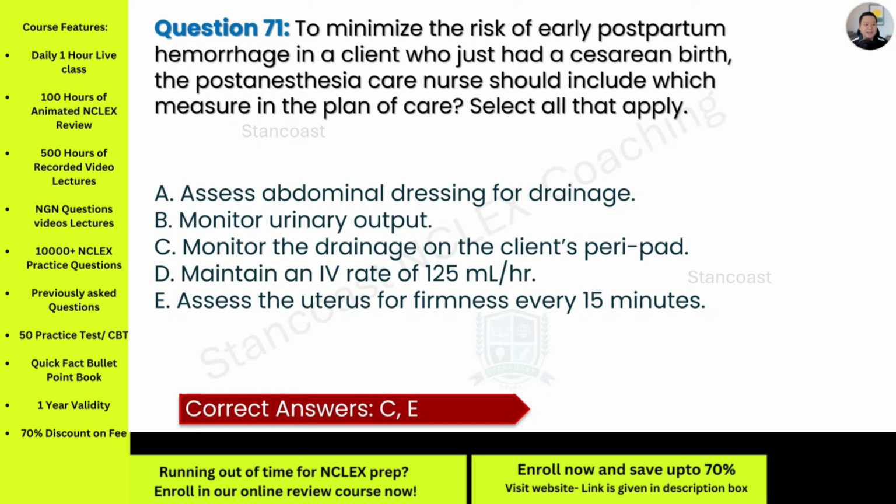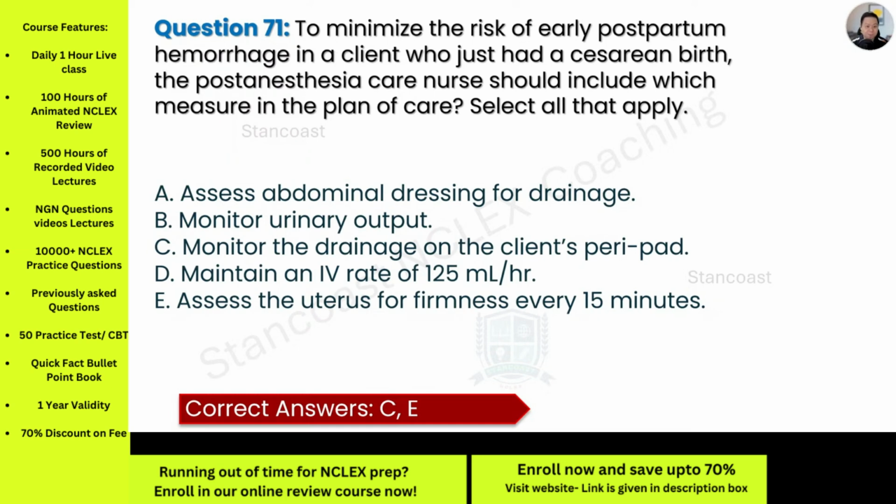So why is A incorrect this time? We know that the assessment of the abdominal dressing is important after a C-section, but it does not directly address the risk of postpartum hemorrhage. Take note that the hemorrhage will happen vaginally, okay? And so hemorrhage is primarily related to the uterine tone and vaginal bleeding, not abdominal incision dressing drainage.